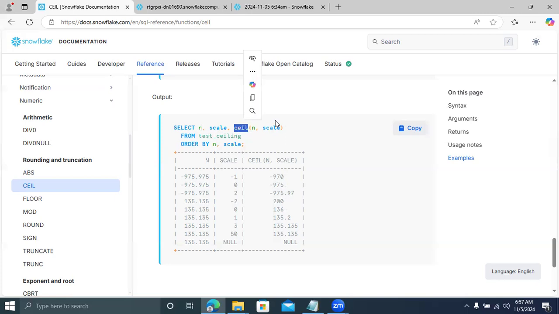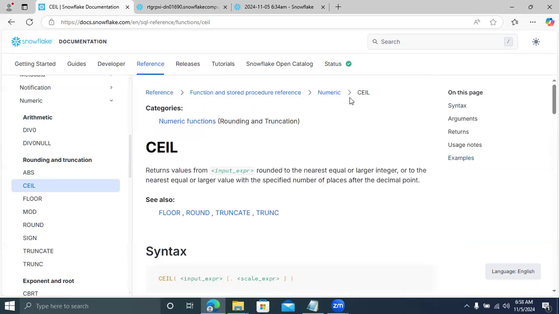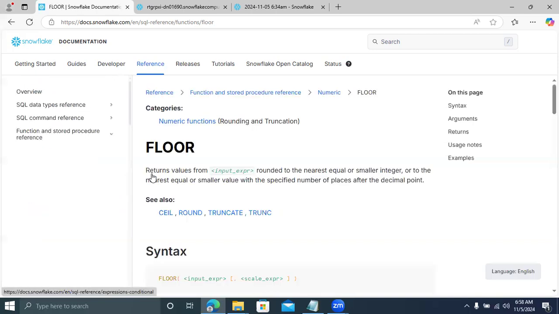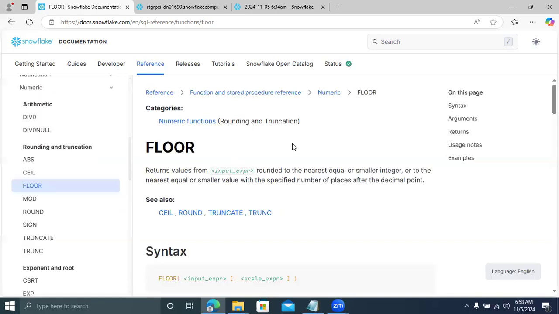This is how you can do it using the ceil function. I'm again saying, with ceil you have to go to the nearest equal or larger integer. Next one is the floor function. It's one kind of rounding function to the nearest equal or smaller integer. This is the difference between ceil and floor.